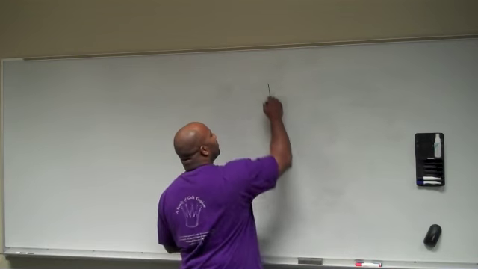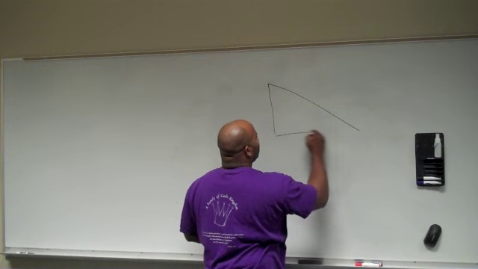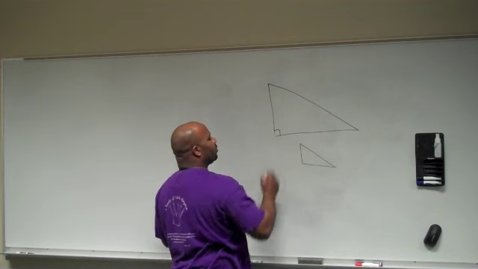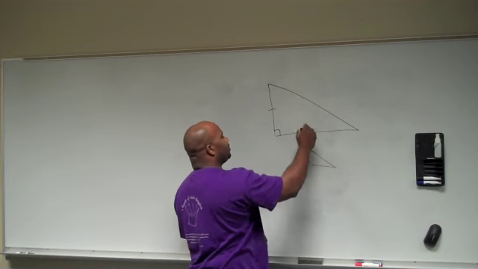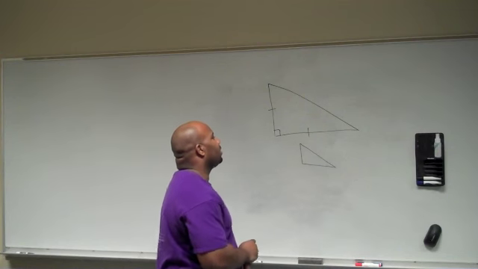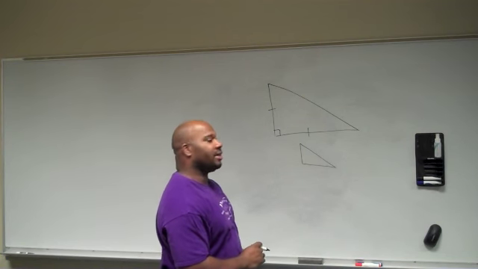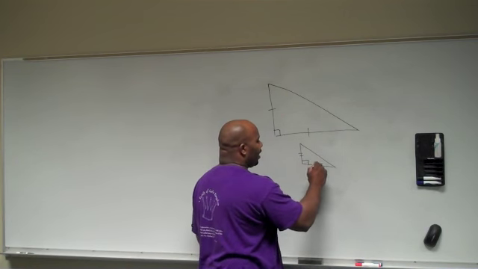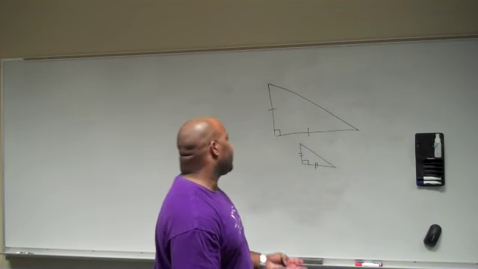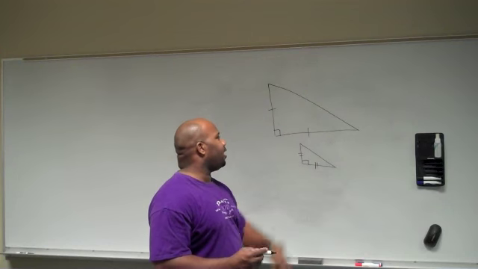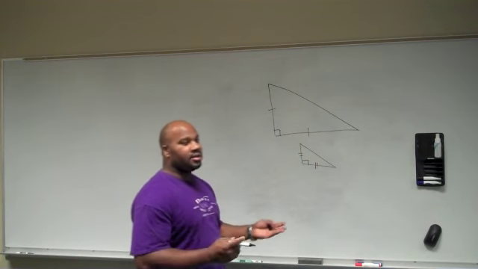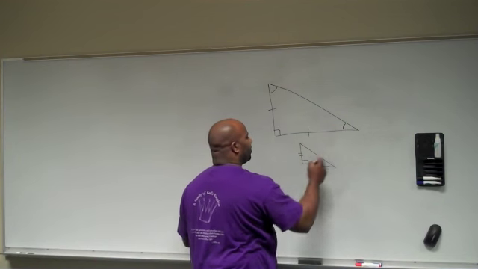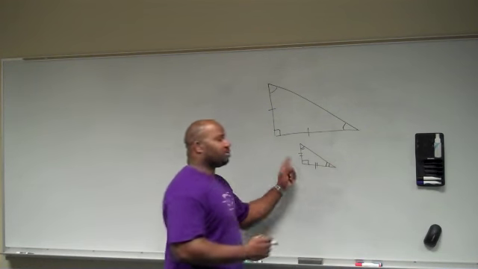So for this last one, we're given two triangles. We have angle, side, and because they're right triangles, that's actually two legs. Angle, side. Okay, now we don't have the angles, but we do have isosceles triangles, which means this angle is the same as that angle, this angle is the same as that angle, because our two legs are the same.